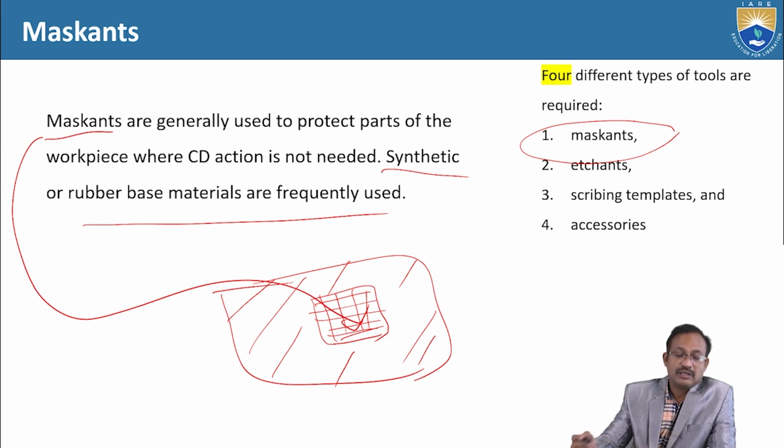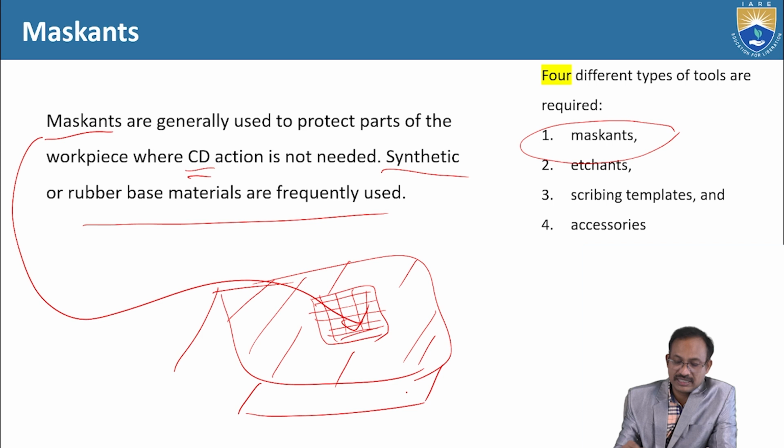Now let us look at the first type. Out of 4, maskants is the first one. Maskants are generally used to protect parts of the workpiece where chemical action is not needed. So here chemical dissociation is not required over some portion of the surface of the workpiece.